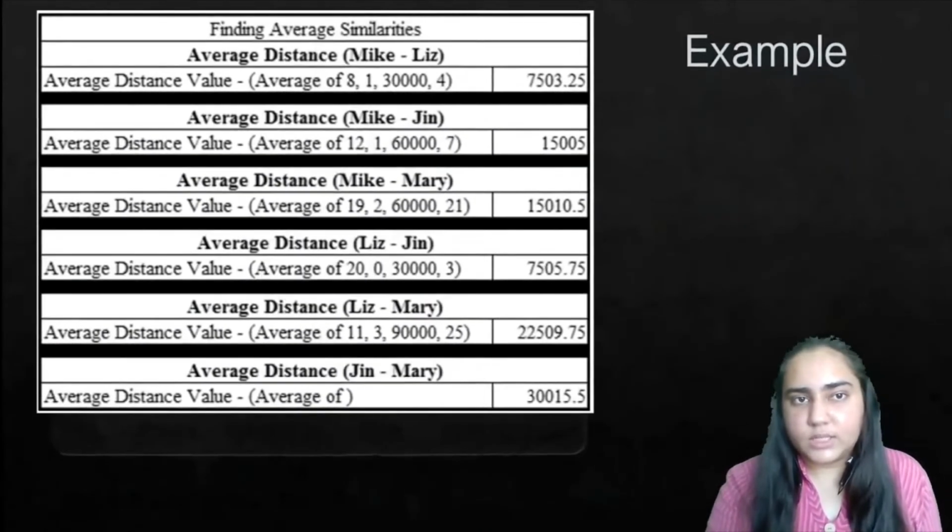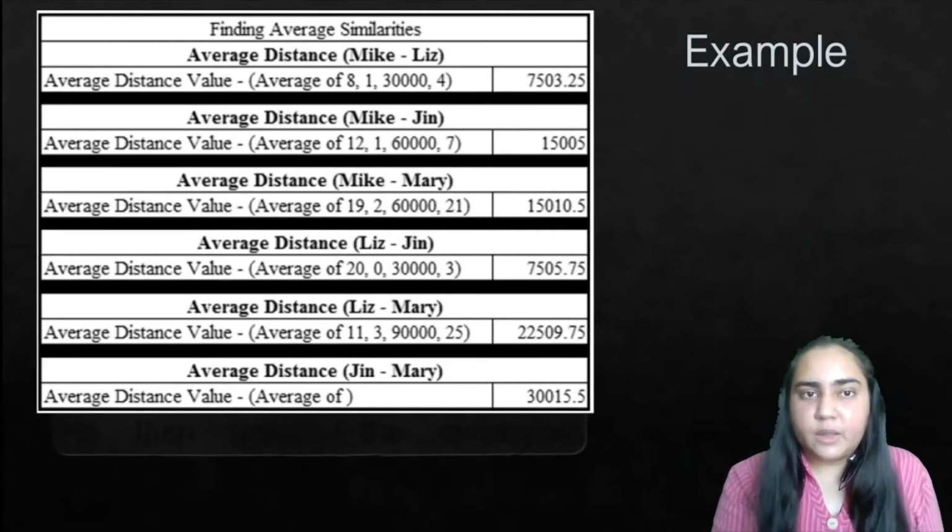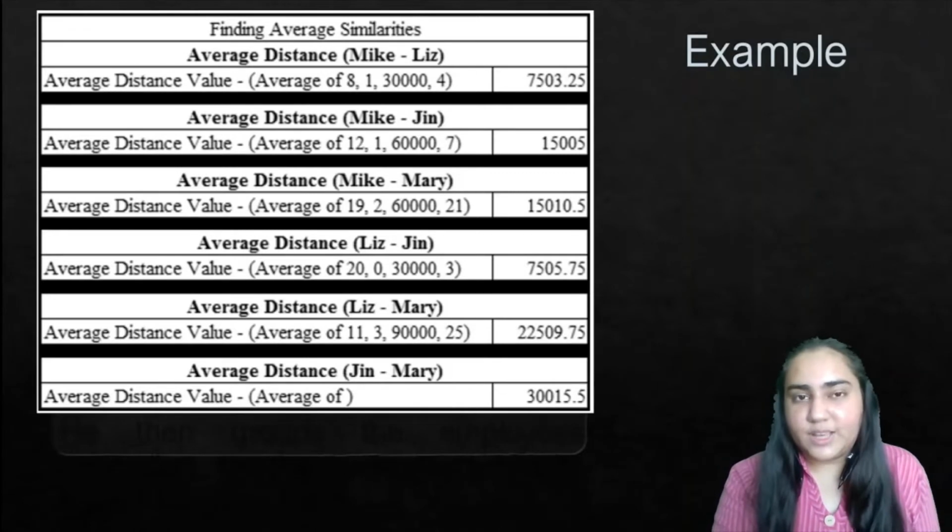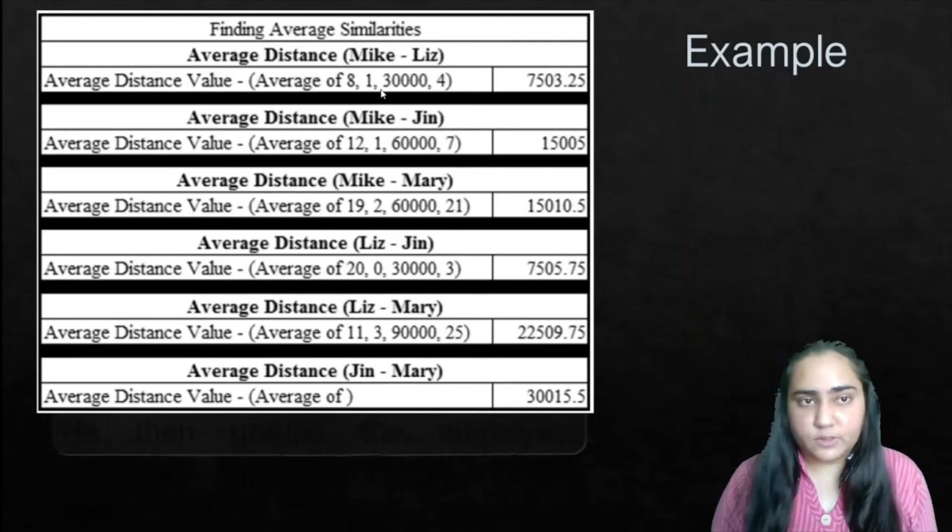So this is how it's done. You can take a look at this. How to find average similarity? By just taking the average of those distances we calculated. For example, between Mike and Liz, there was this tuple 8, 1, 30,004, which was the difference.